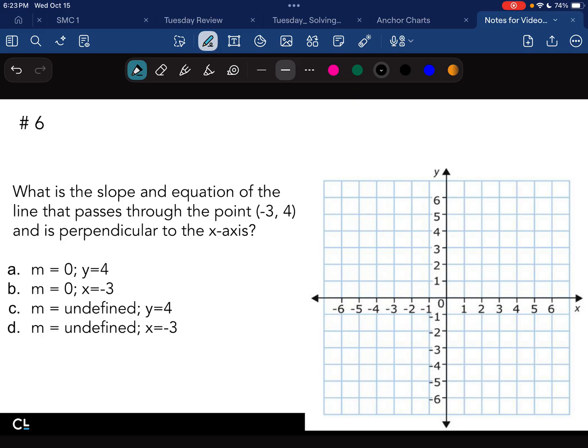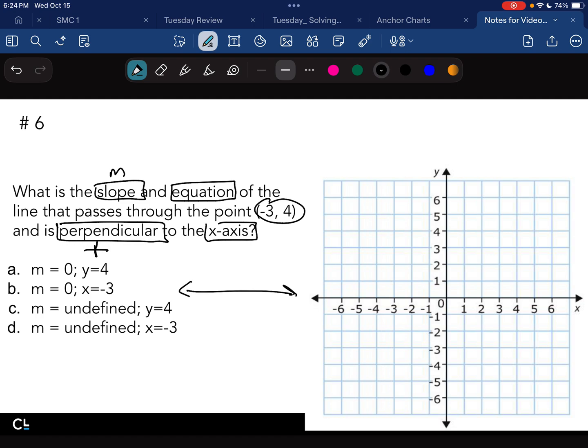All right, it says, what is the slope, m, in the equation of the line that passes through the point -3, 4, and is perpendicular to the x-axis? So perpendicular means it crosses through, it intersects. Same as before, I'm going to do it with my x and my y.